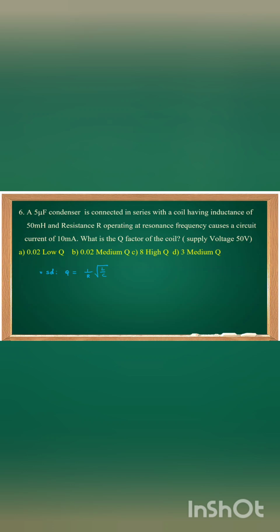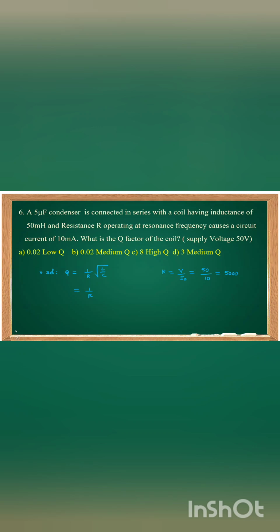Simple formula. How to apply it? Capacitance and inductance are given, but we don't know the resistance. Current you know, voltage you know. At resonance condition, R equals V by I naught. V is 50 volts, I naught is 10 milliampere. This gives 5000.